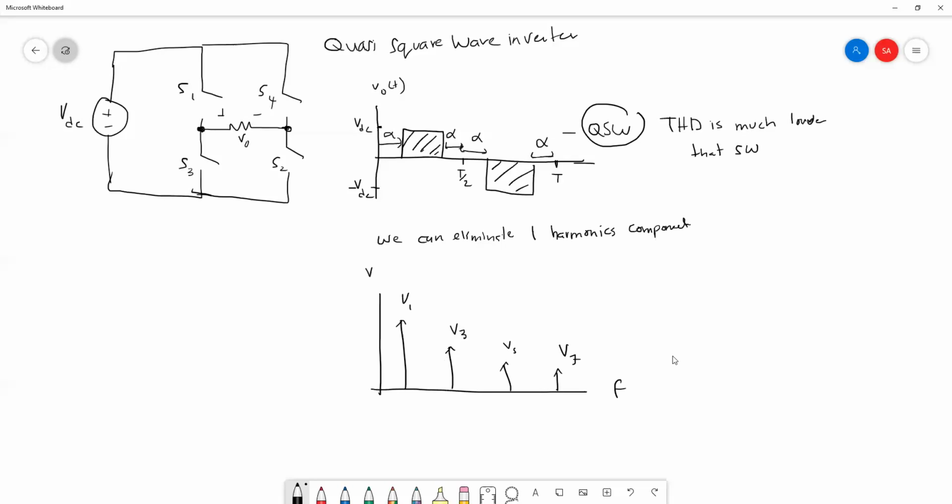And logically, the harmonic that we want to eliminate should be harmonic number 3, because this third harmonic has the highest value, and its location is the nearest to the fundamental.